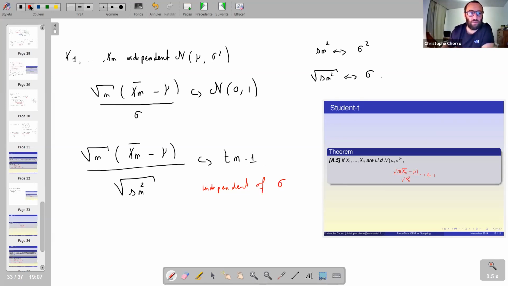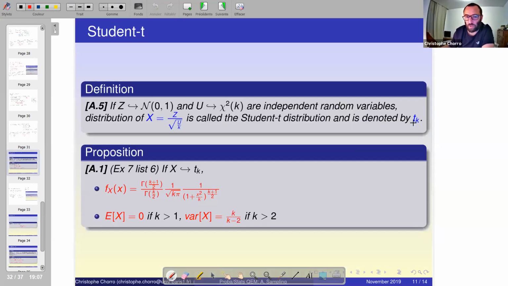In fact, the only thing you have to remind is the definition of a student. A student of parameter k is a N(0,1) divided by the square root of a chi-square of parameter k over k.